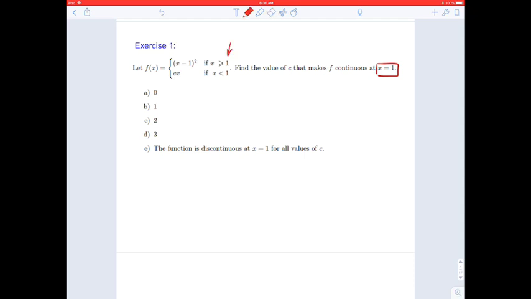Based on the definition, I know that the limit as x approaches 1 from the left hand side, I can possibly draw a number line with 1. If x is less than 1, the function is cx, that's the left hand side. If x is greater than 1, the right hand side, the function has the formula (x minus 1) squared.